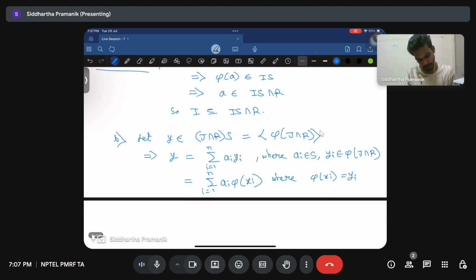But y_i is in phi of J intersection R, so x_i must belong to J intersection R, right?